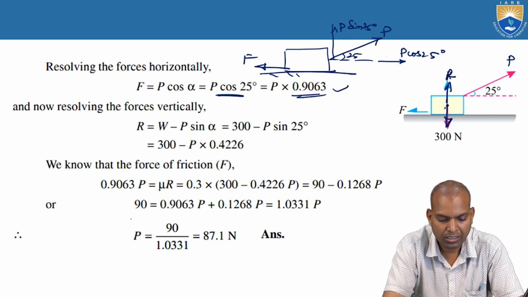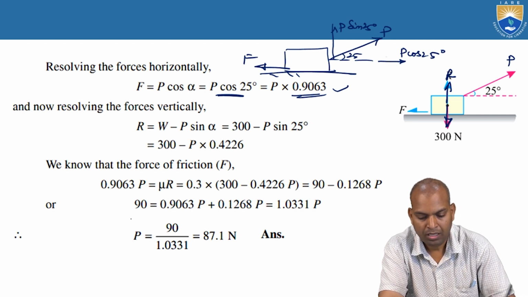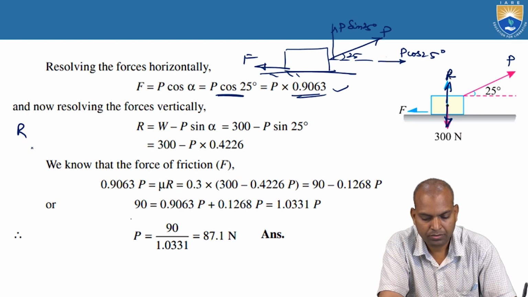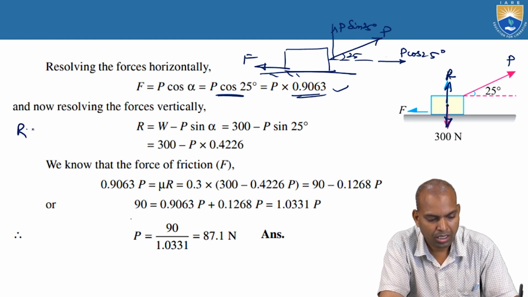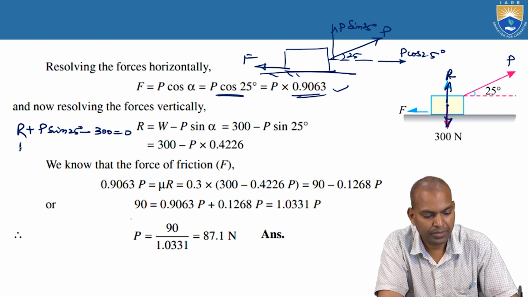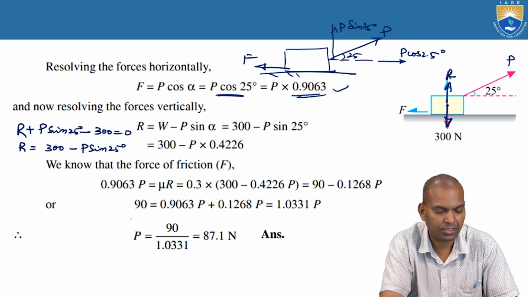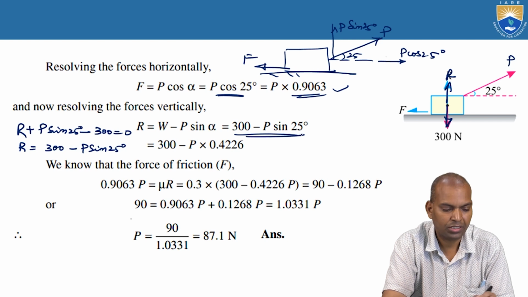Applying the equilibrium equation, R plus P sin 25 degrees minus 300 newtons equals 0. From that, R equals 300 newtons minus P times sin 25 degrees. That is the equation.